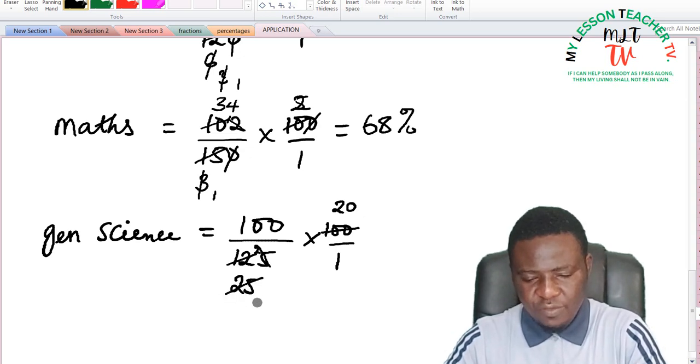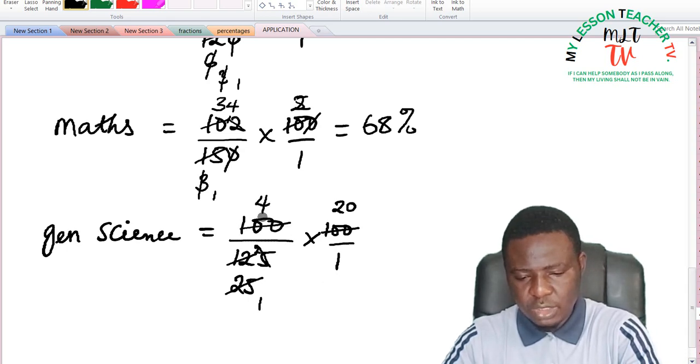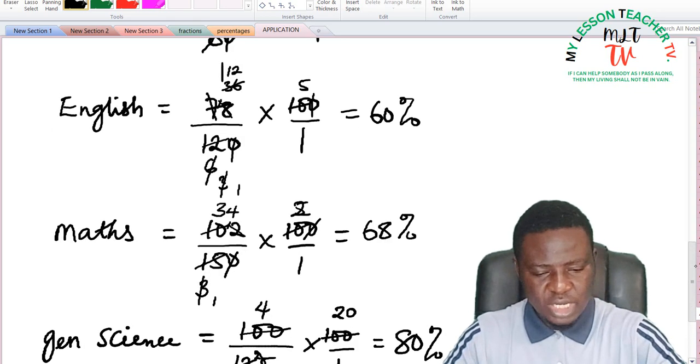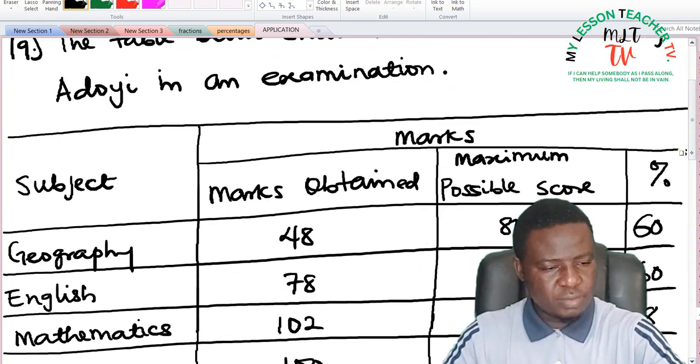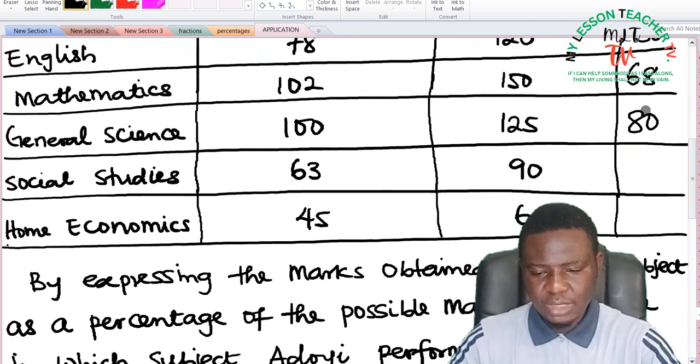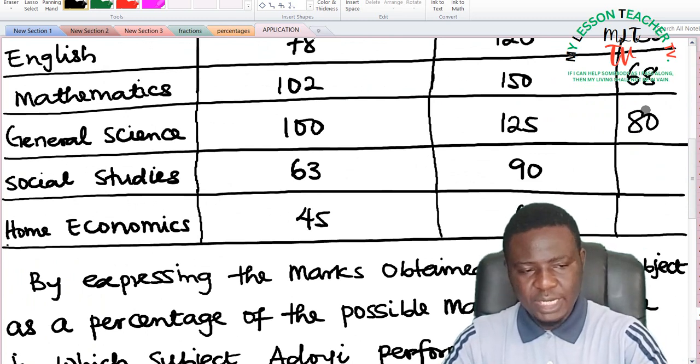So 25 into itself is 1. 25 into 100 is 4, which is equal to 80%. So for general science, he got 80%. Look at what I was telling you.